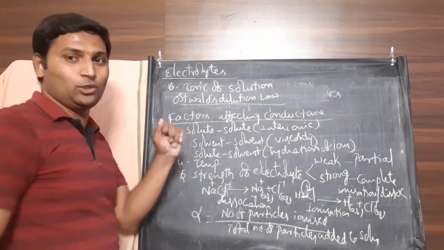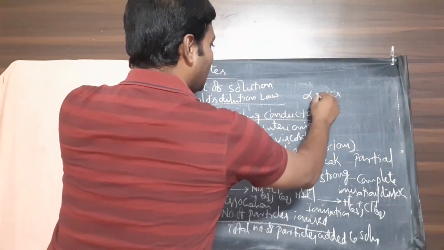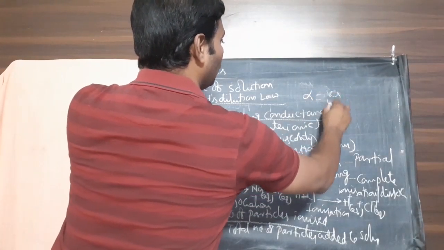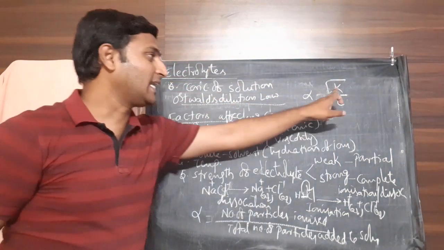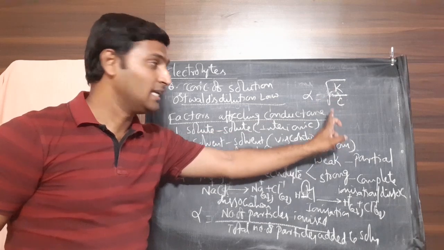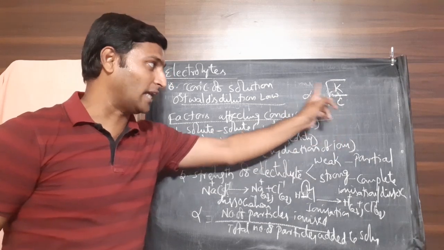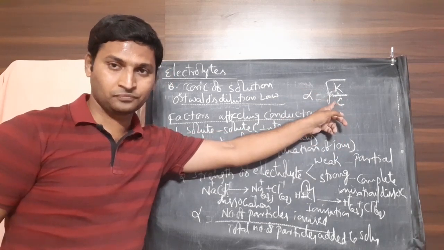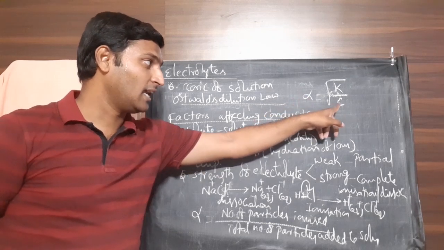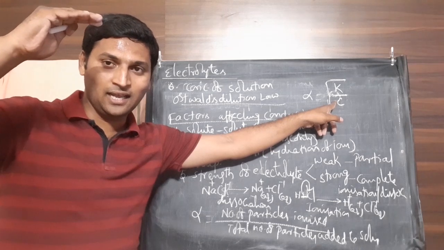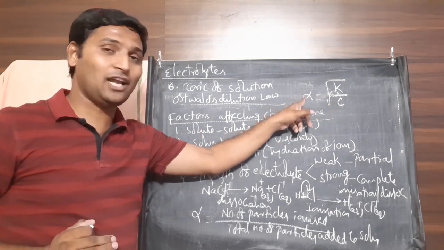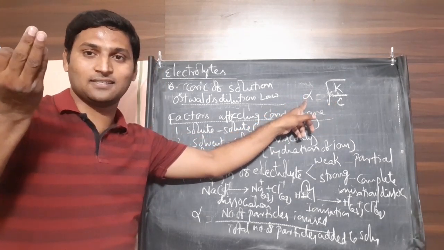Now Ostwald's dilution law is mathematically given as alpha is equal to square root of K by C, where K is called the ionization constant, C is called concentration. As per this relation, as the concentration of a weak electrolytic solution decreases, the degree of its ionization increases.